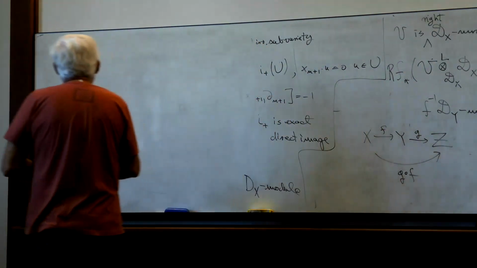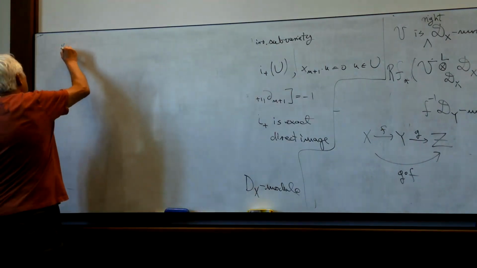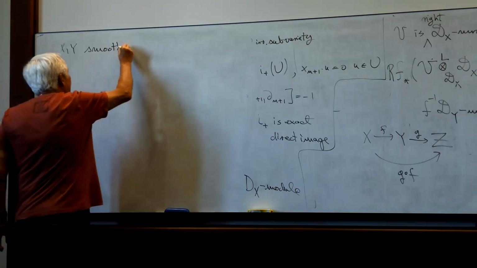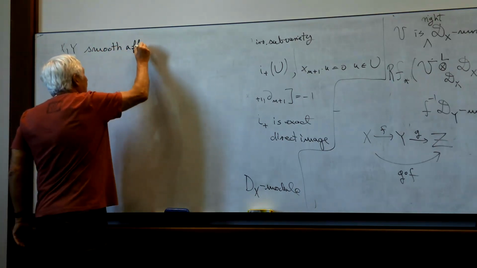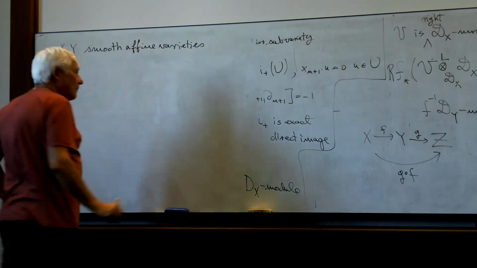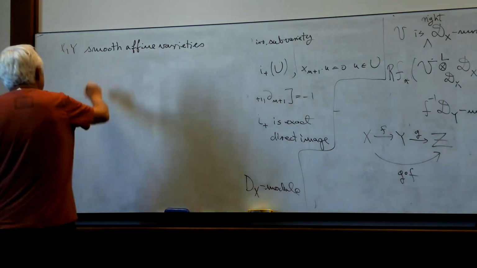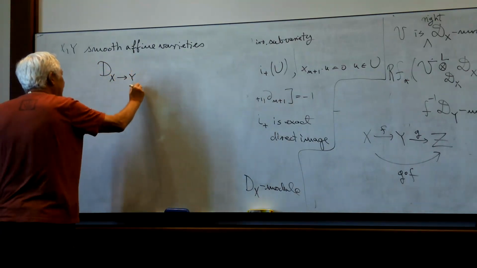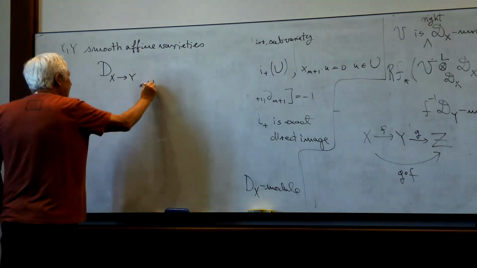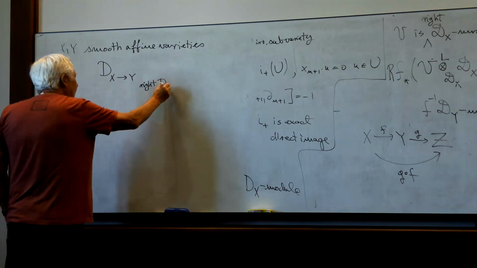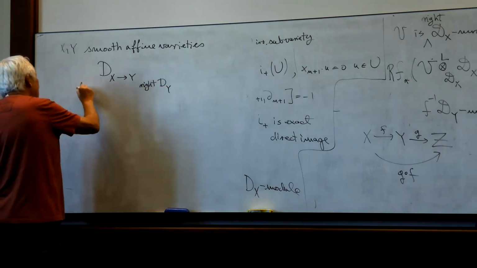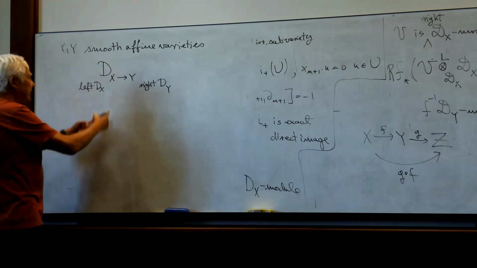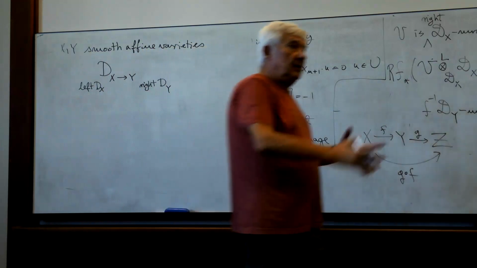So let's assume that X and Y are smooth. Then I have this, which is now a genuine bimodule, D_XY, a left D_Y, right D_X bimodule. Where these are global. Now I'm looking at global settings.